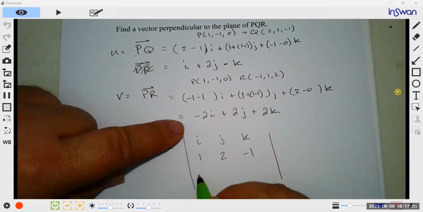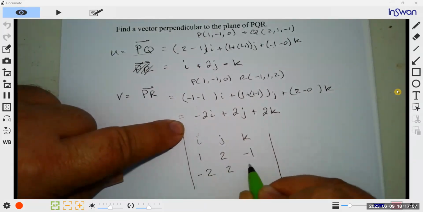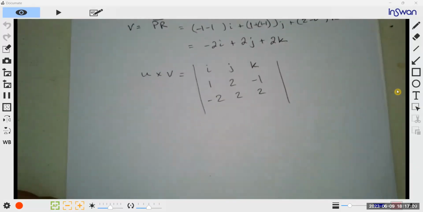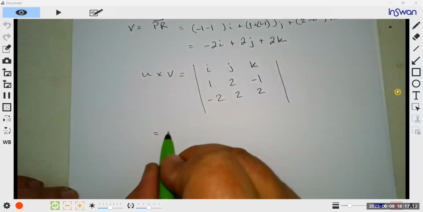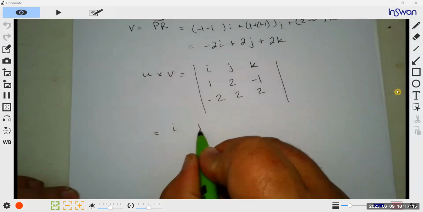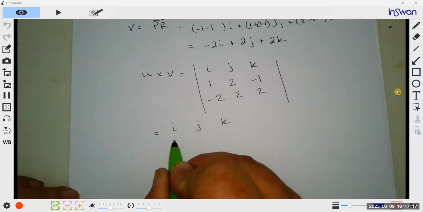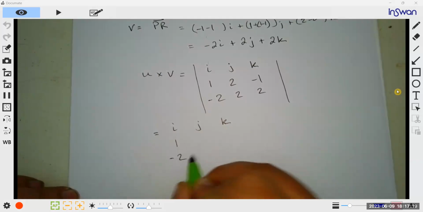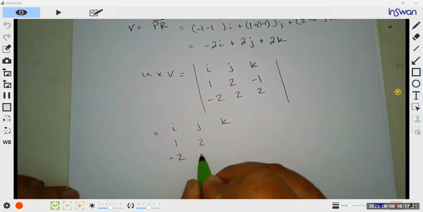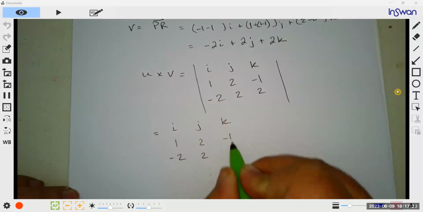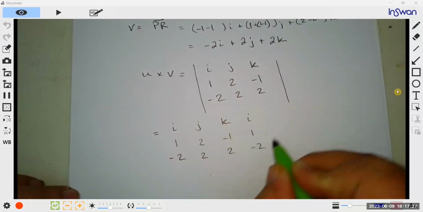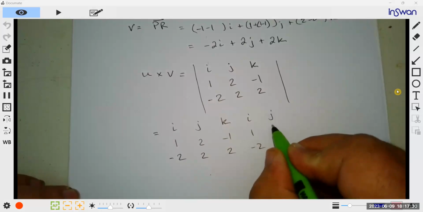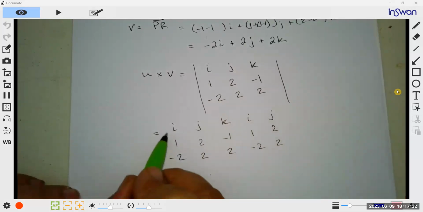And for v, negative 2, 2, 2. Repeat the first two columns. And just do diagonals.